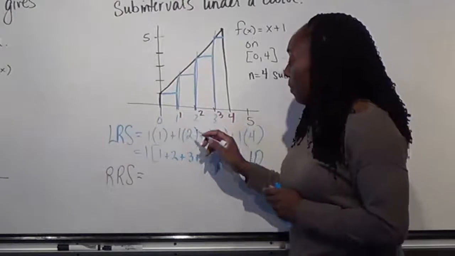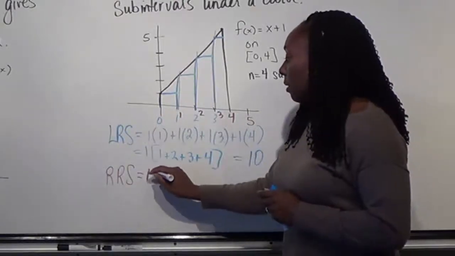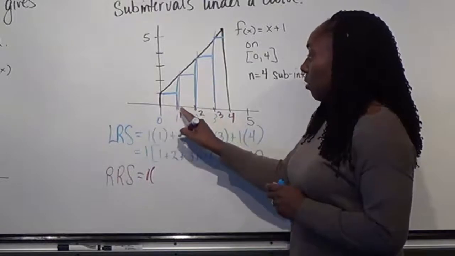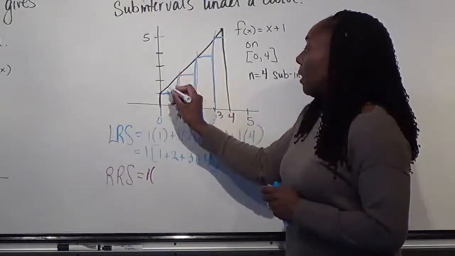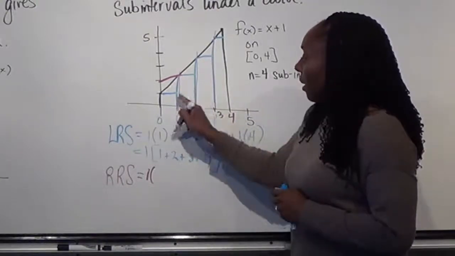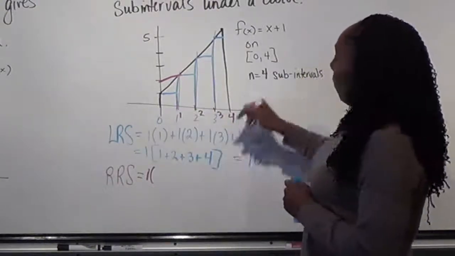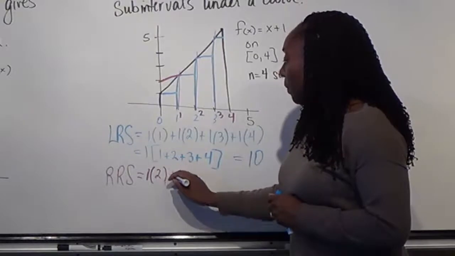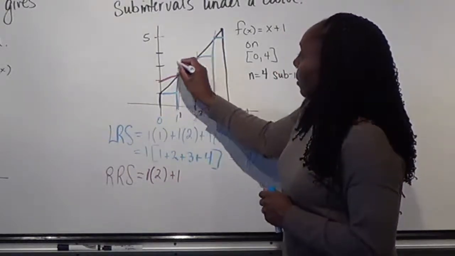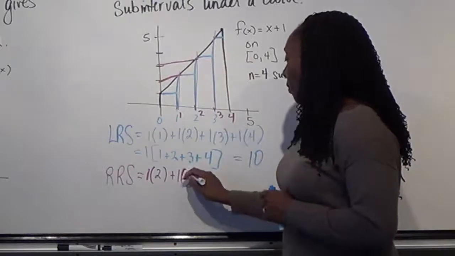When I take my height of the function, at my first one, the length is still going to be 1, but now I'm taking the height there. So at 1, I have a height of 2. At the next one, I'm getting a height of 3.